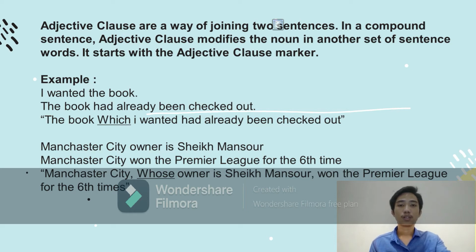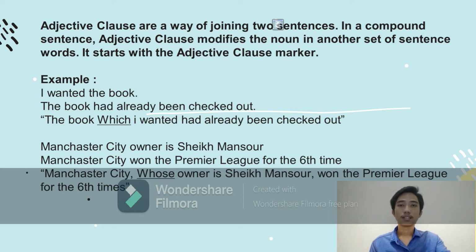Before that, we have to know whether the noun is in the person category or the non-person category. The noun is the book, so it is in the non-person category. So the best conjunction we can use for this sentence is which, because which is used for a thing. So the sentence will be like this: the book which I wanted had already been checked out.